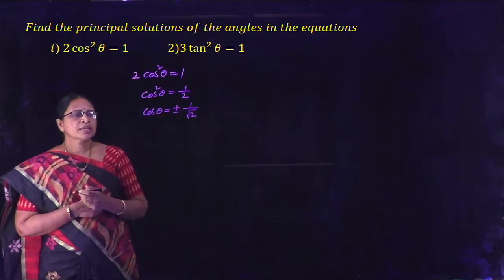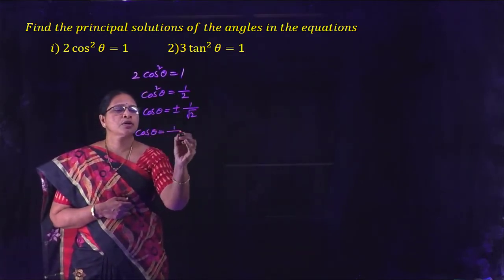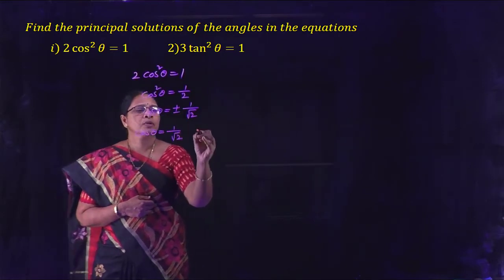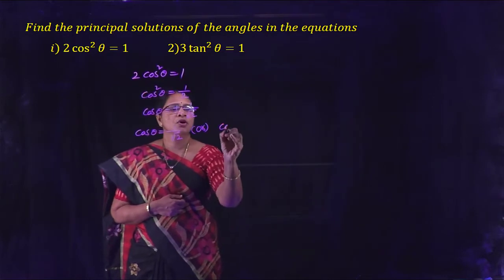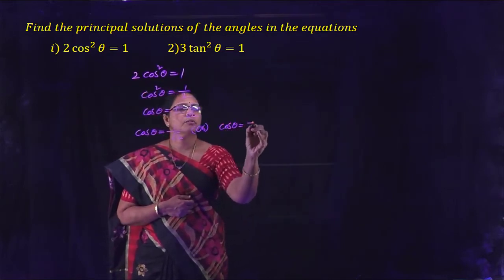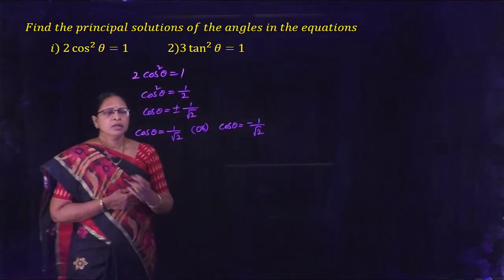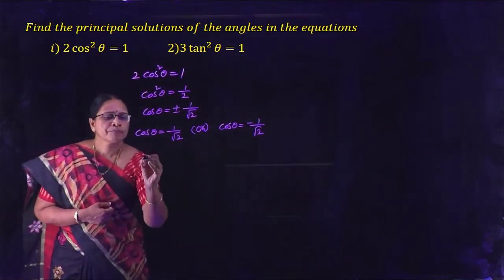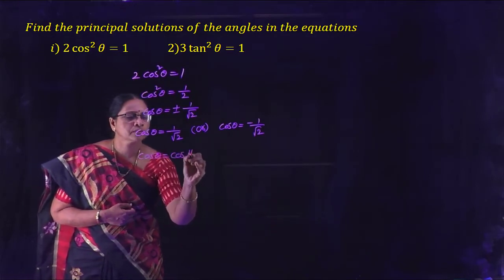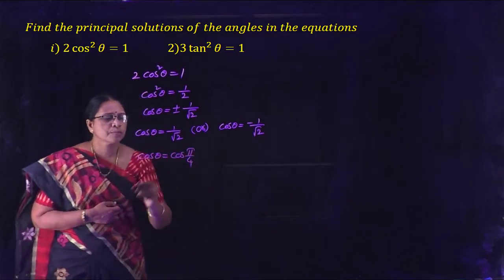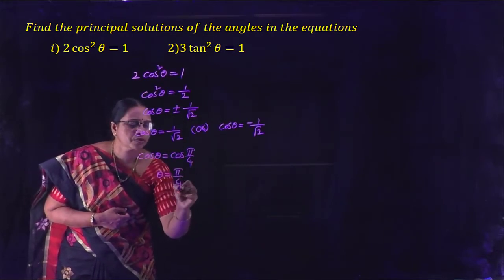There are two cases. First case is cos theta is equal to 1 by root 2, and the second case is cos theta is equal to minus 1 by root 2. In the first case, cos theta equal to cos pi by 4, so theta is equal to pi by 4.